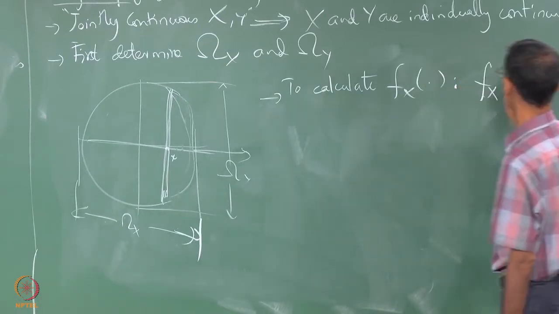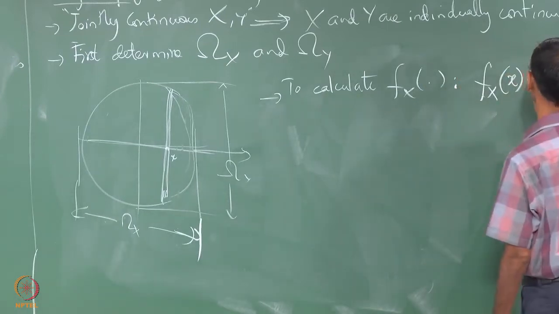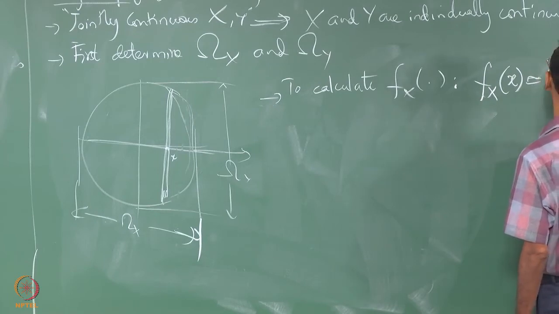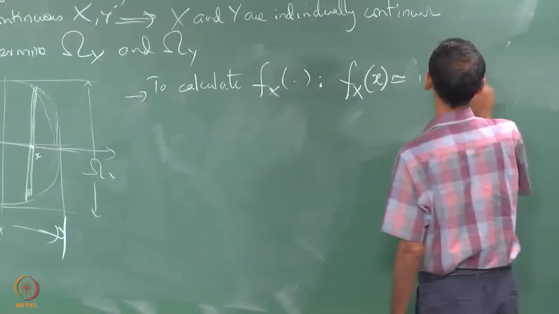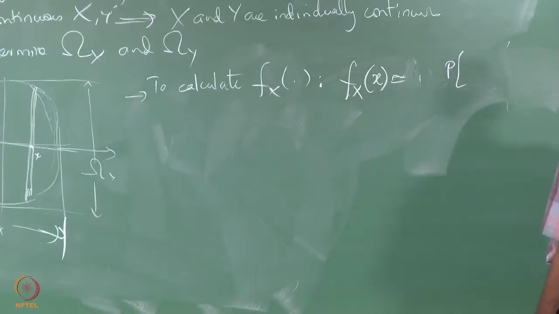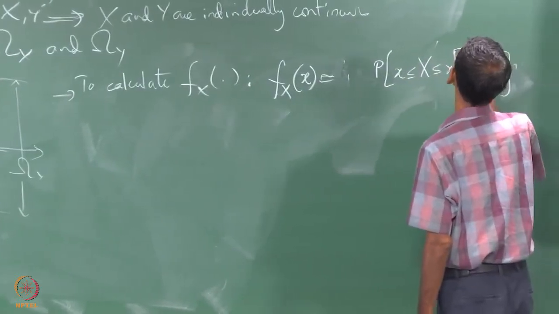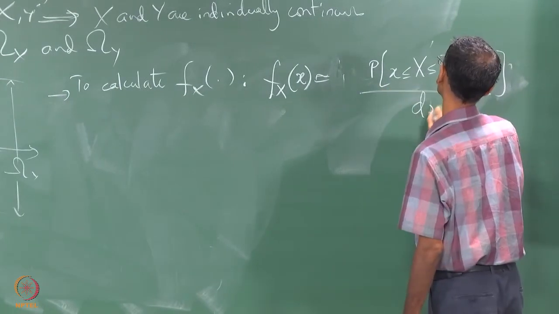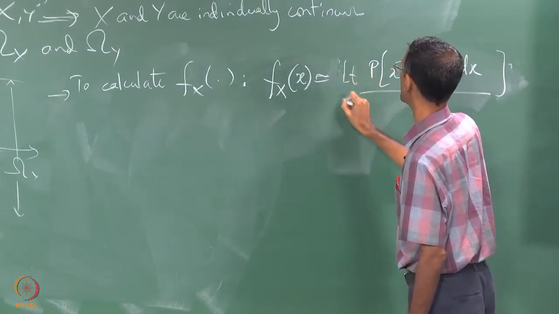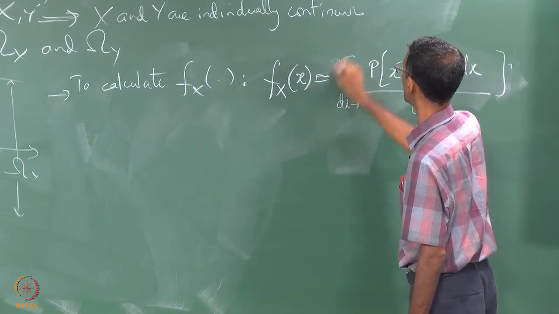We are going to use the fact that fx of x is basically a limit. We will first write the probability. This is not a strong mathematical statement.